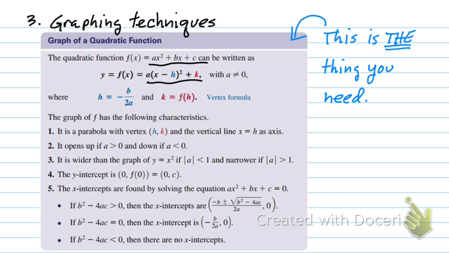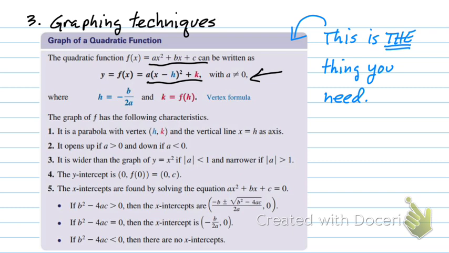Now, a couple of things. I'm not seeing B and C in the second form. In the first form, I'm not seeing H and K. It turns out this second form can be pretty useful. It's called the vertex formula.